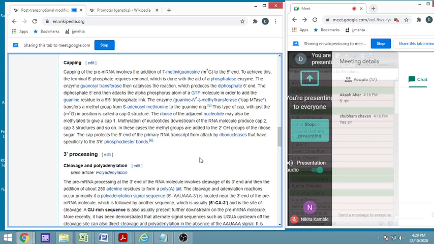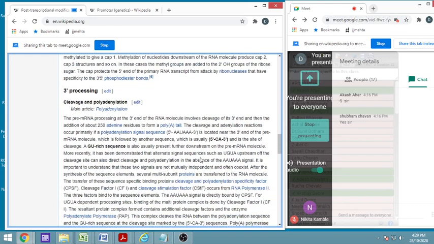This cap marks the initial portion, so that it will be accordingly transcribed. The cap also protects the 5' end of the primary RNA transcript from the attack of ribonuclease enzymes that are specific to the 3'-5' phosphodiester bond, and because of that this RNA will not be damaged.